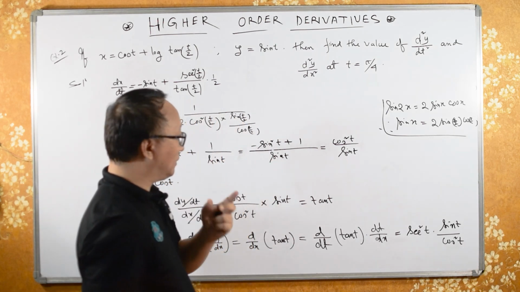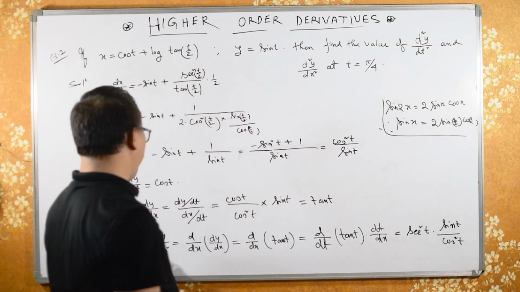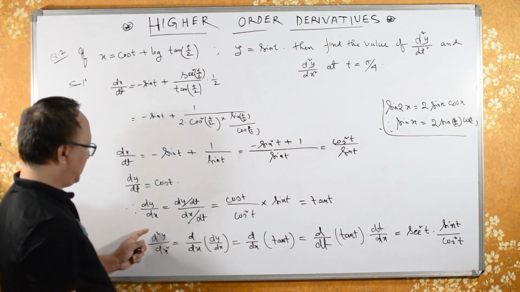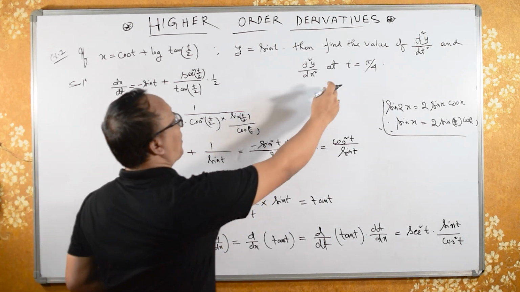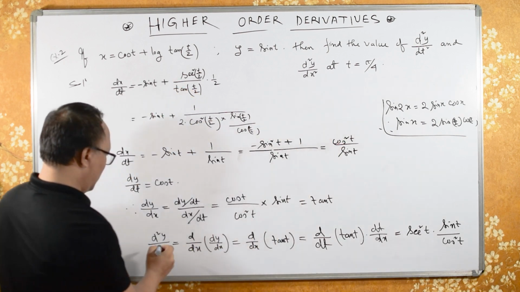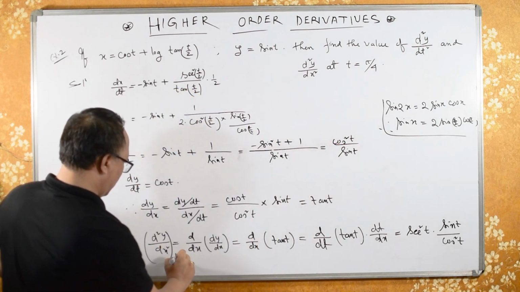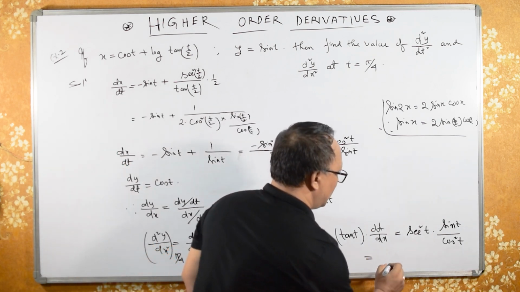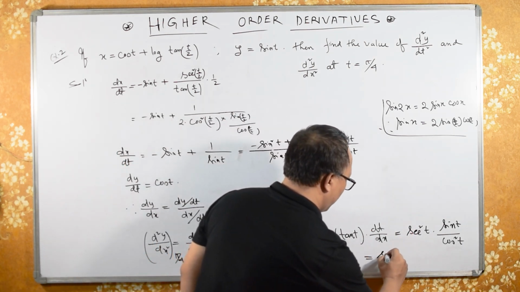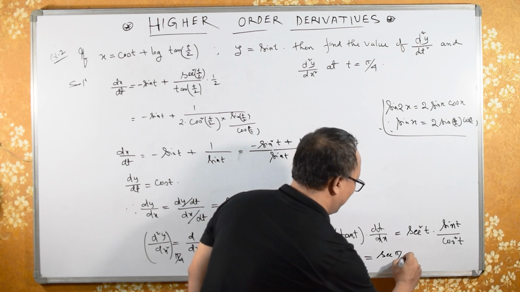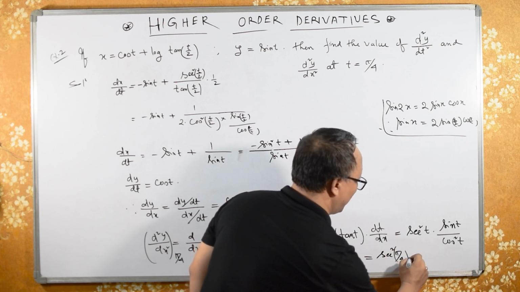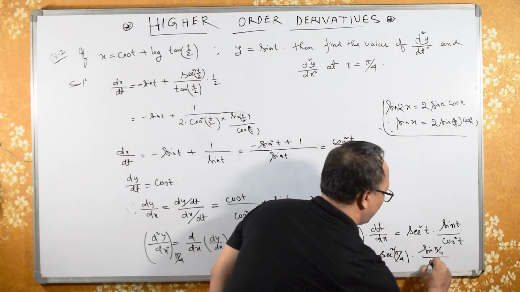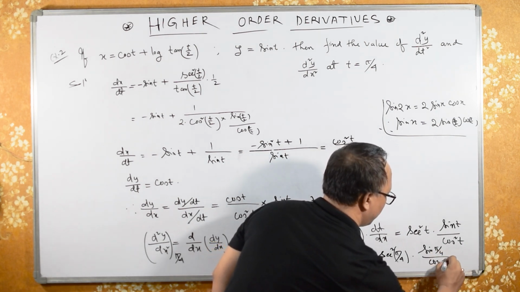So at this particular point, this is my d2y by dx square, and we have to find it at pi by 4. By putting the value, we get sec square pi by 4 into sin pi by 4 upon cos square pi by 4.